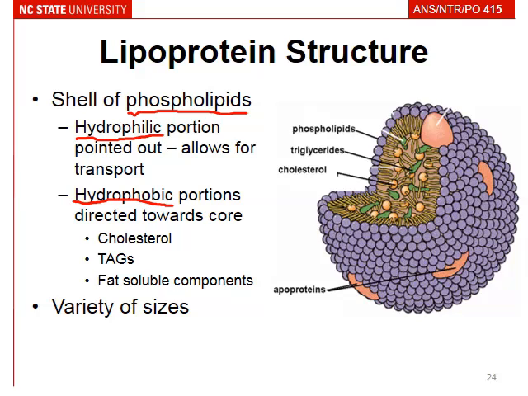On the inside of this is where we have our cholesterol esters, our triglycerides, and any fat-soluble components. So what other fat-soluble components would be on the inside? This would include our fat-soluble vitamins, for instance, A, D, E, and K, and any drugs that we consume.